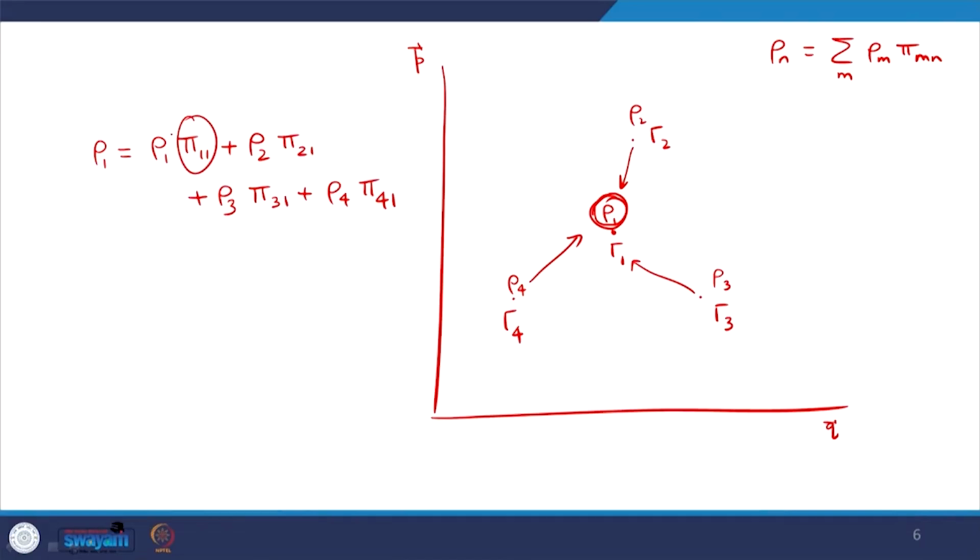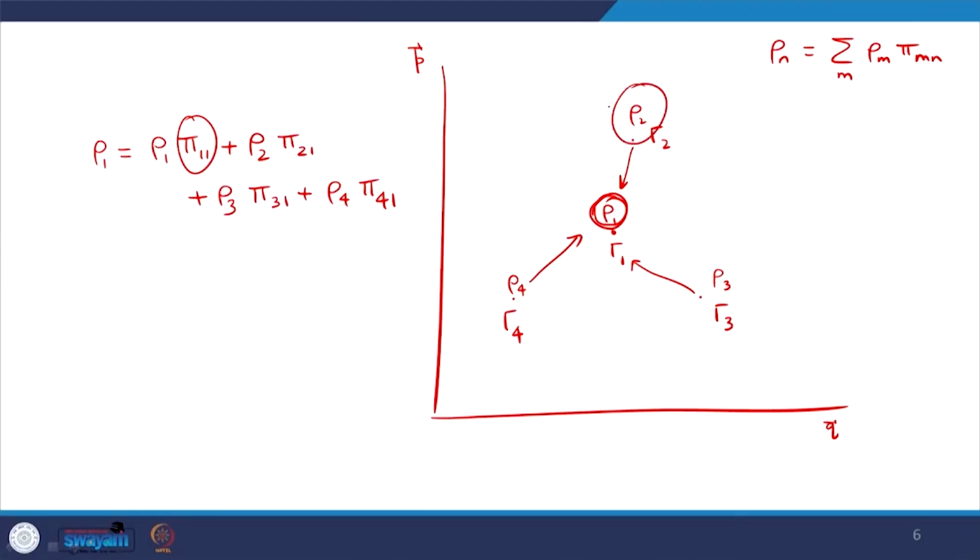So, rho 1 pi 1 1 is the probability density that I was at 1 multiplied with the transition probability for me to remain there, plus I was here multiplied with the transition probability that I come from 2 to 1, then we have rho 3 pi 3 1, that is I was at state 3 multiplied with the transition probability of coming from 3 to 1, and similarly the last one is rho 4, that is the probability of being at 4 multiplied with pi 4 1, right.